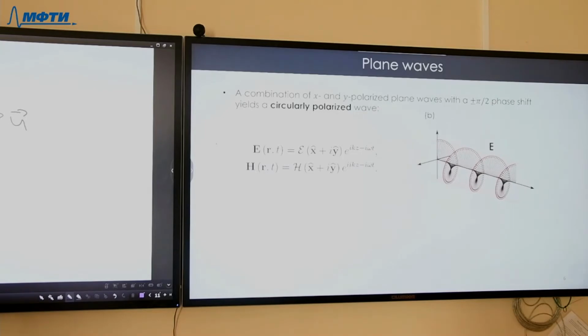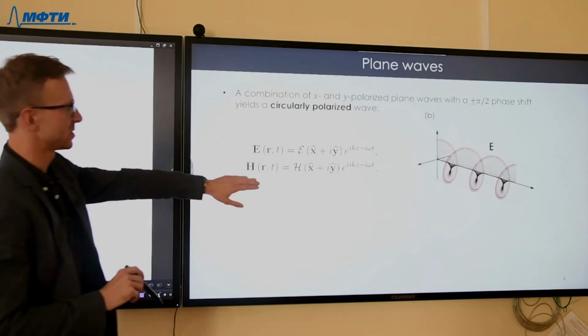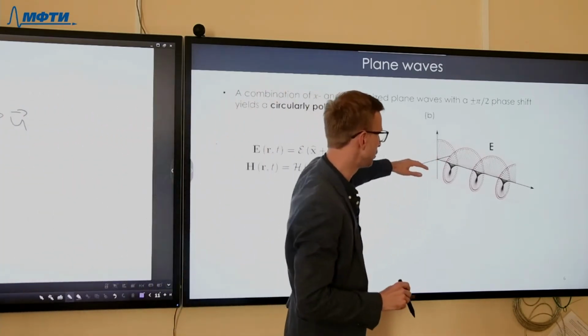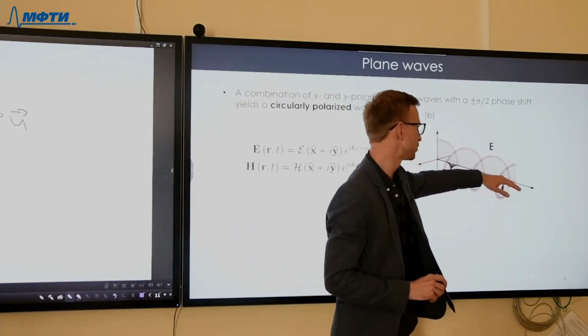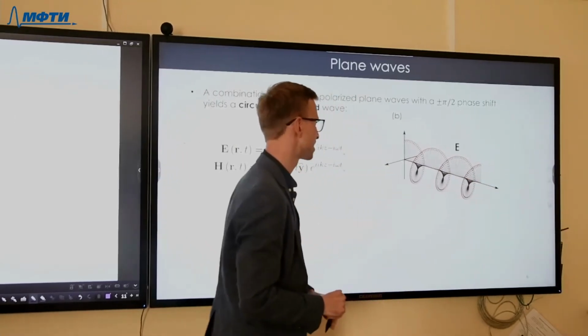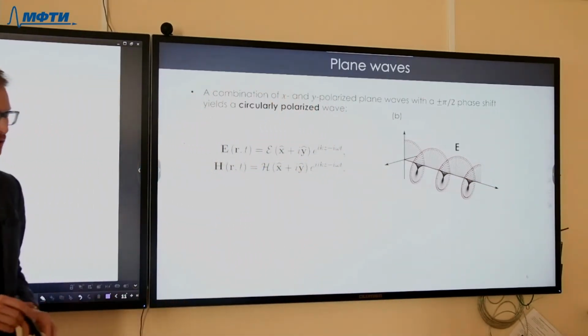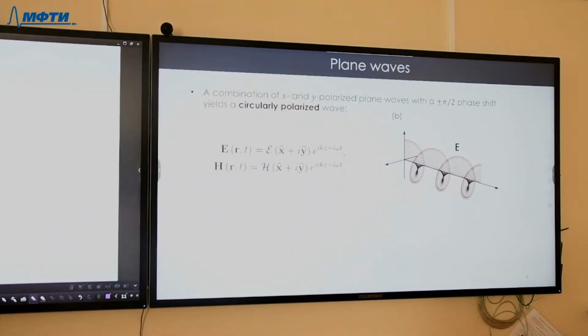if you look in the direction of propagation, so imagine that you are here and you're looking through this wave as it propagates through space, you'll notice that the electric field and the magnetic field can rotate in two directions, either clockwise or counterclockwise. And this doesn't change if you rotate your wave.